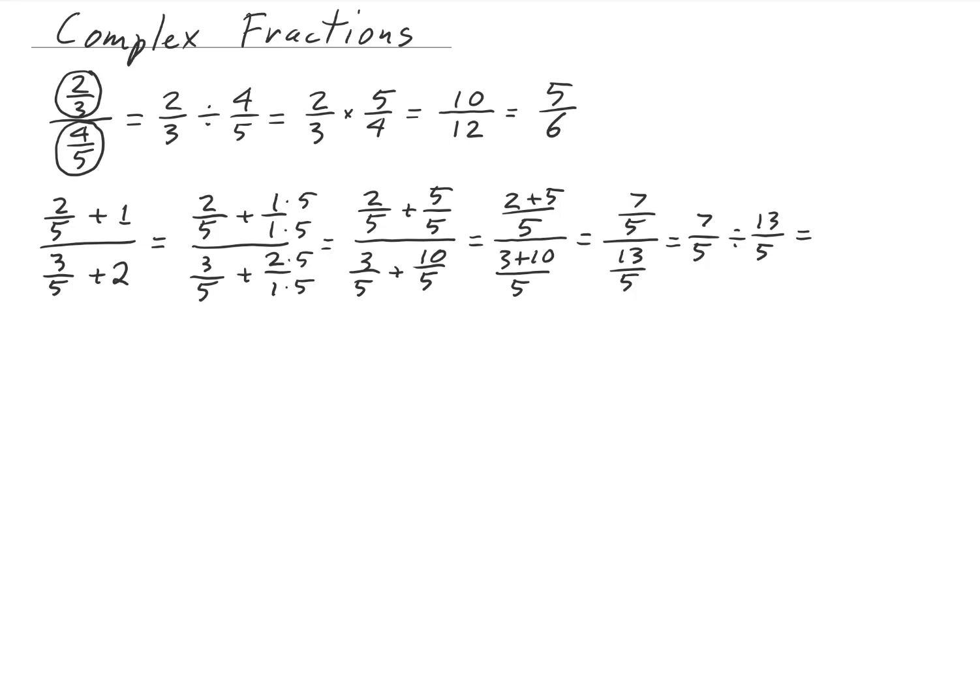Then I can change that into multiplication by changing the division to multiplication and taking the reciprocal of the second fraction. And you notice, because it's multiplication, I can cancel the 5 on the bottom of the first fraction with the 5 on the top of the second fraction, and I get 7 over 13.